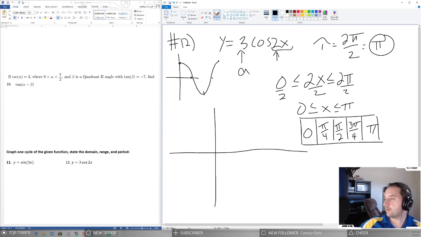So now I know what to label my graph. So pi fourths, pi halves, 3 pi fourths, and pi. So it's going to start here, cross, go below, cross, go back above.